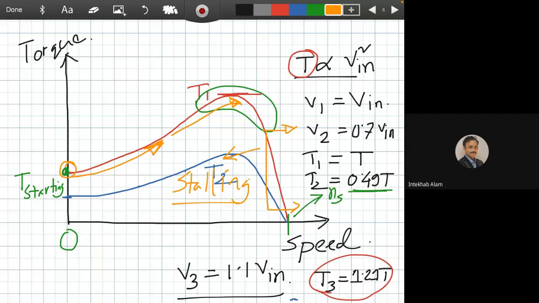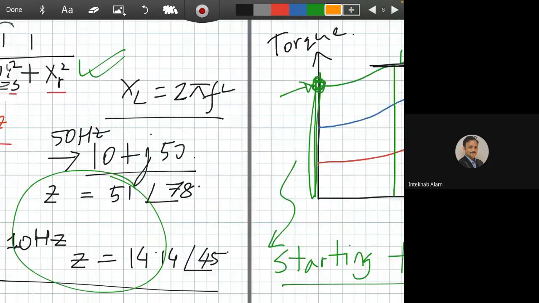So for that reason the frequency is operated up to this point. Beyond this point the motor may stall, so we use it carefully after that point.